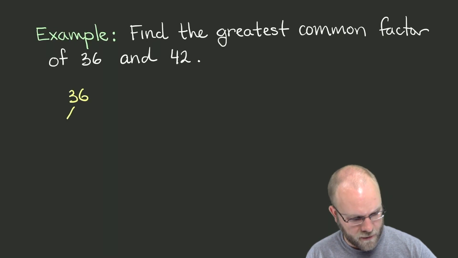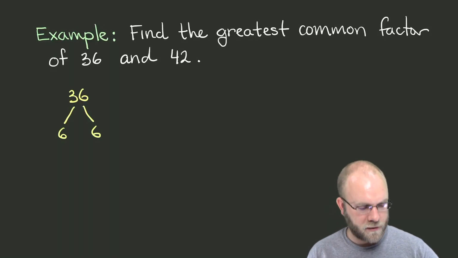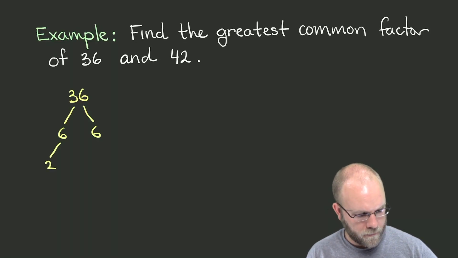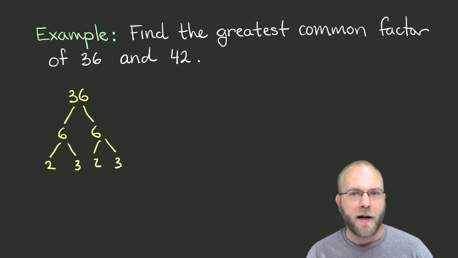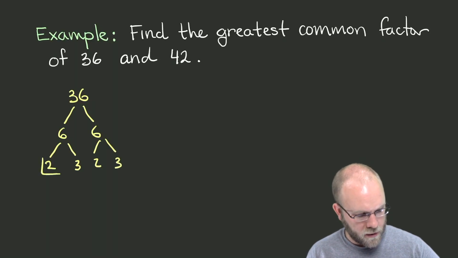36 is 6 times 6. And 6 can be factored as 2 times 3. And so 36 is going to be 2 times 3 times 2 times 3.